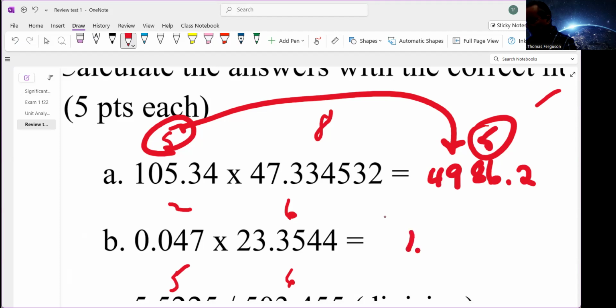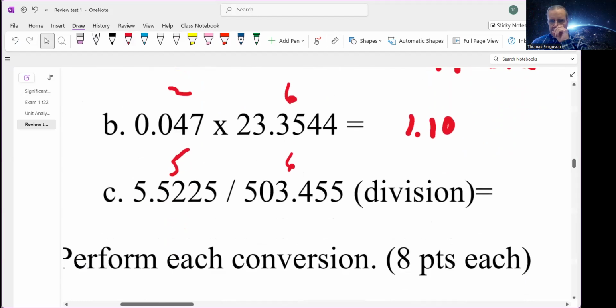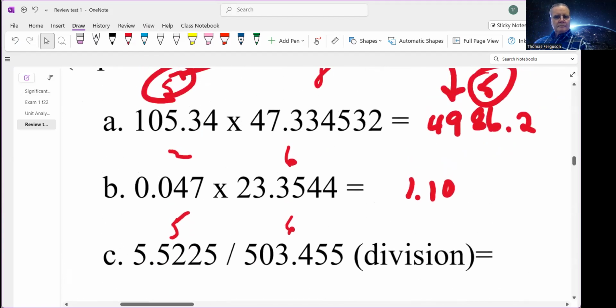One. Okay, real standard stuff here. Are you referring to the 47? Okay, that has beginning zeros. They don't count. Your answer was 1.10.